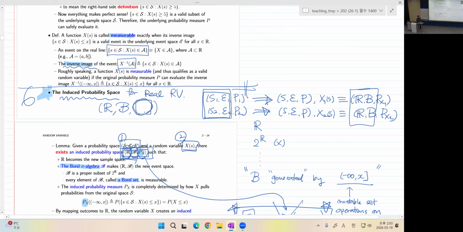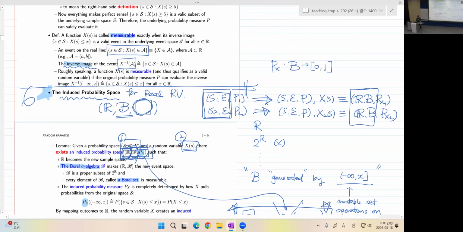And this function is called the induced probability measure. It's again a set function. Here, P sub X is also a set function, but the difference is this: what is the domain of the probability measure? It is the Borel sigma field, and it assigns probability, so 0 to 1.